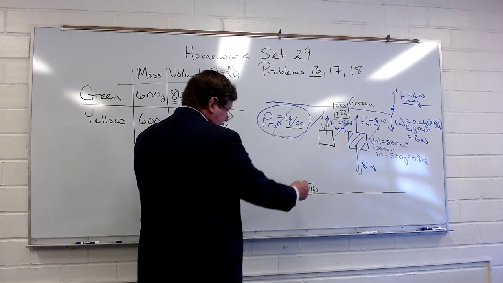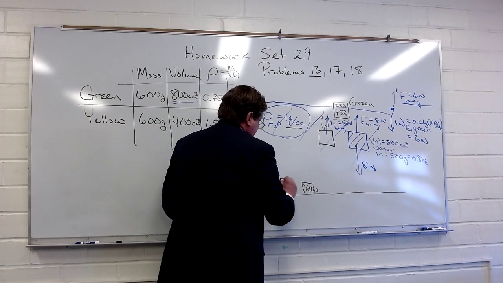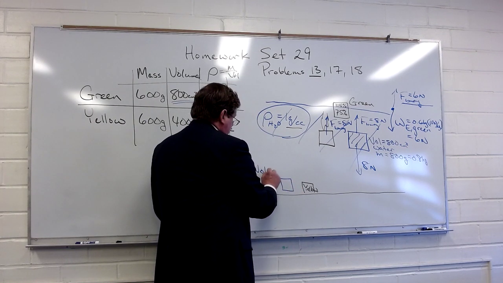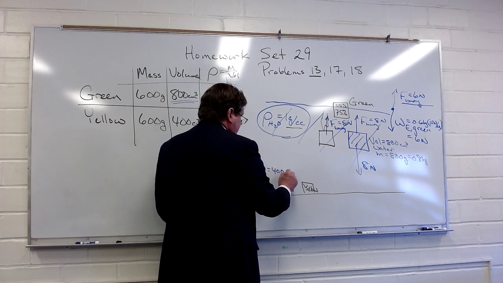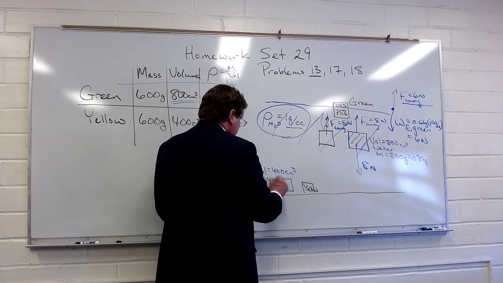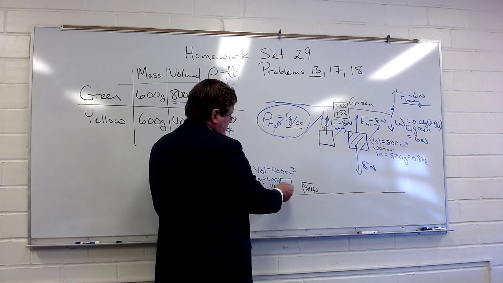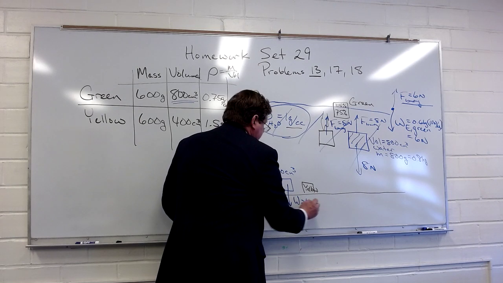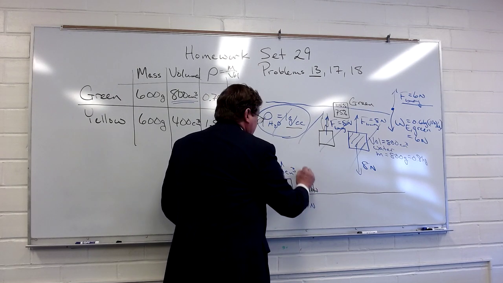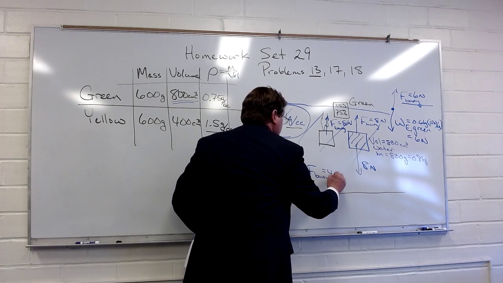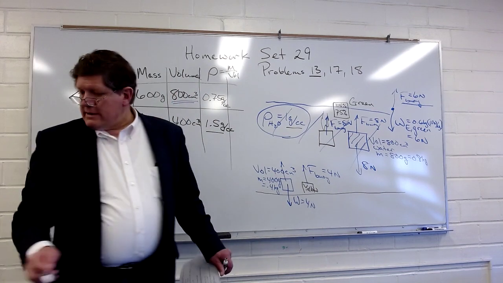Now, this yellow block, if I draw a block of water that's the same size, it would have a volume of 400 centimeters cubed, and that means it would have a mass of 400 grams or 0.4 kilograms. Well, that block of water is going to weigh 4 newtons. And so the buoyant force on the yellow object would be 4 newtons. So that's part B.